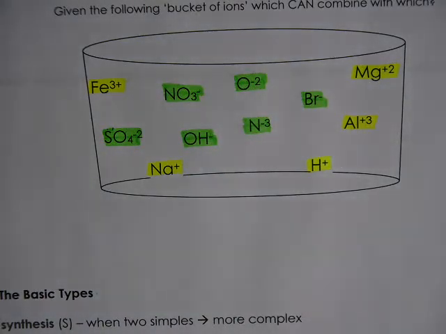Now my question to you would be, if you had a bucket, and I'm going to pretend that this is in solution, so these are all aqueous, which means that these ions are not locked in position, but they can move around.